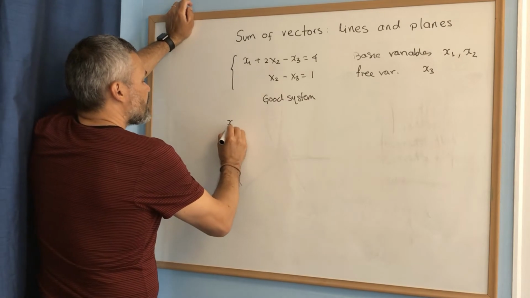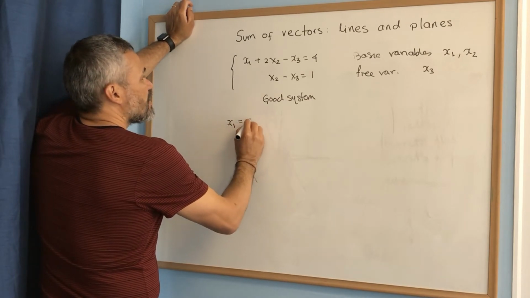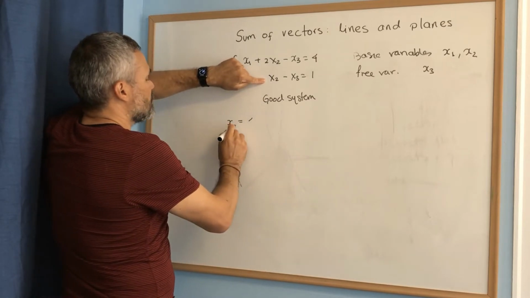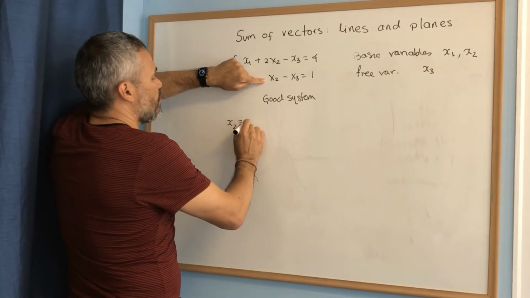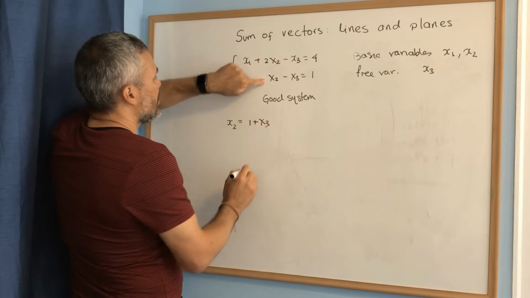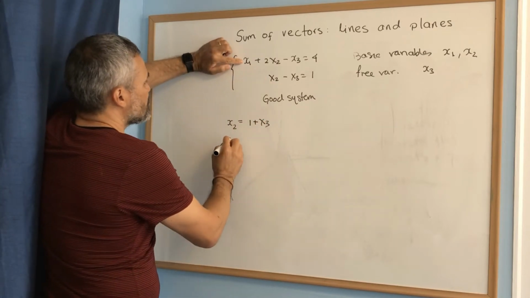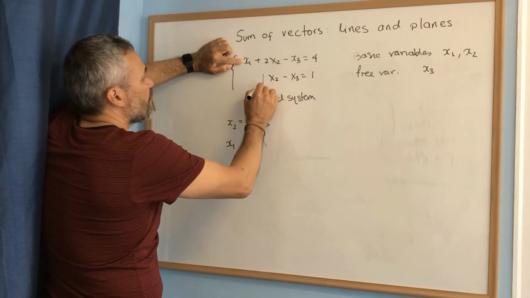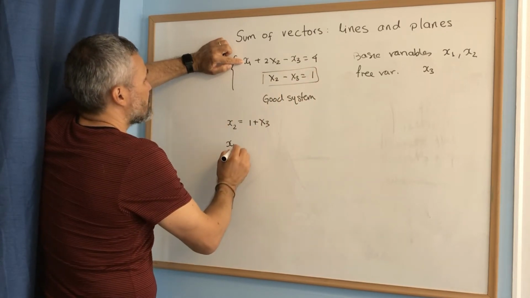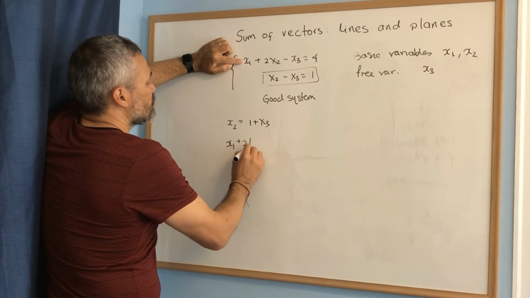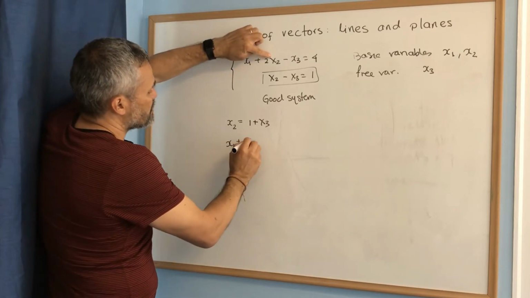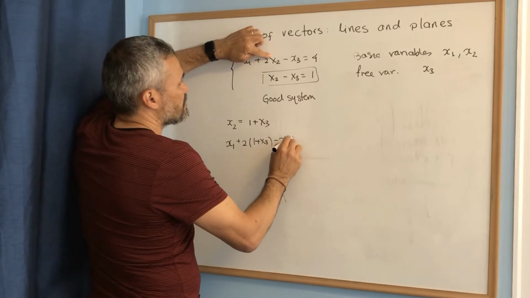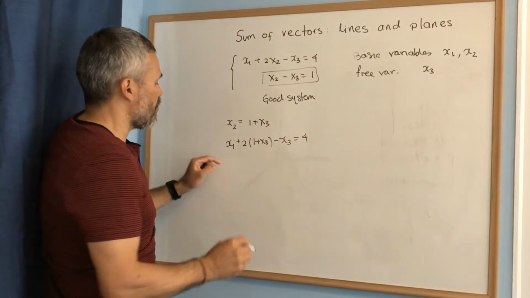Sorry, I have to start with the last equation. x2 is equal to 1 plus x3, and then for the first equation, when I move one equation up, I have to use the information that I have gotten from this equation. Then it says x1 plus 2 times x2, but x2 is 1 plus x3, minus x3 equals 4.